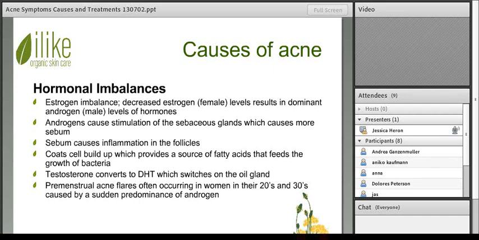Often women that have never had problems with acne as a teenager will develop a problem in their 20s and 30s, and we see this all the time. In my practice, I would say that more than half of the women that came in with breakouts had all the same story to tell: never had any problems in my teenage years, but now that I'm in my 20s and 30s, I'm starting to break out.